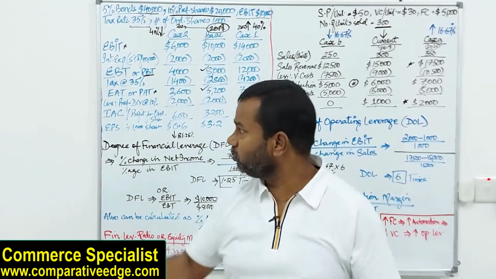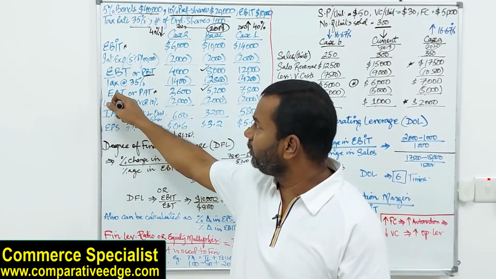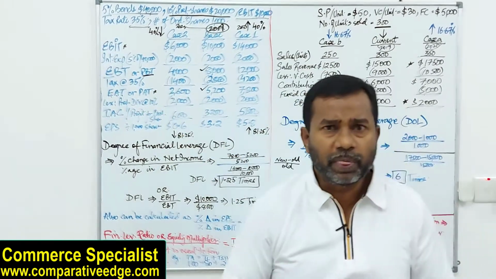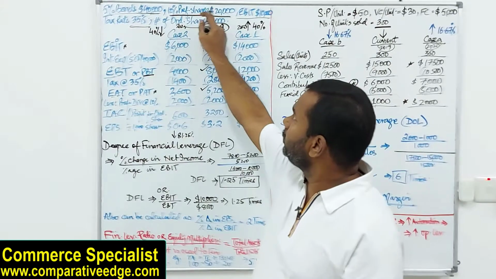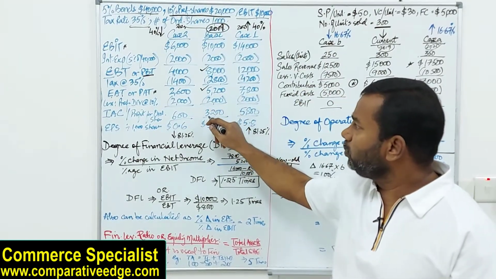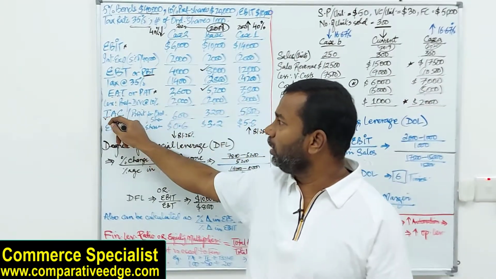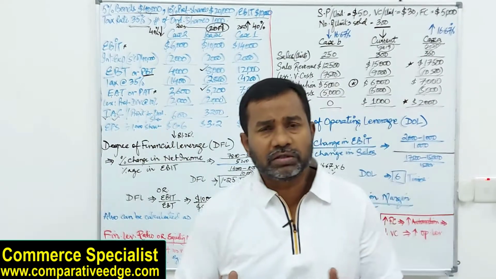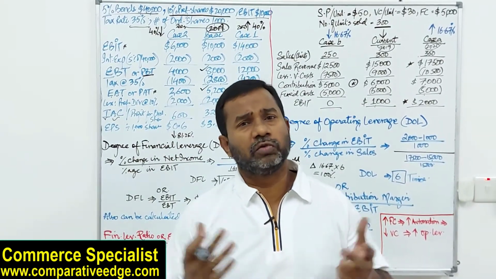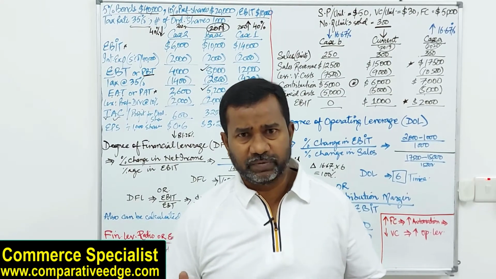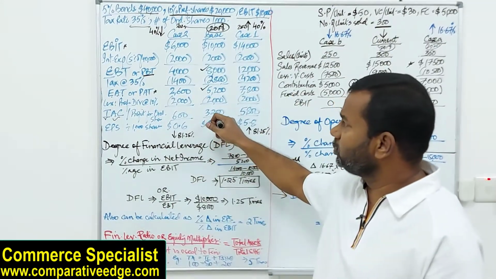From profit after tax, you can call it EAT, earnings after tax, or profit after tax. It's up to you. From that, you subtract your preference dividend, which is 10% of 20,000, which is 2,000. Now you're left with IAC. You can call it income available for common shareholders, ordinary shareholders, or simply income available for distribution of dividends to ordinary shareholders. So how much is that? 3,200.